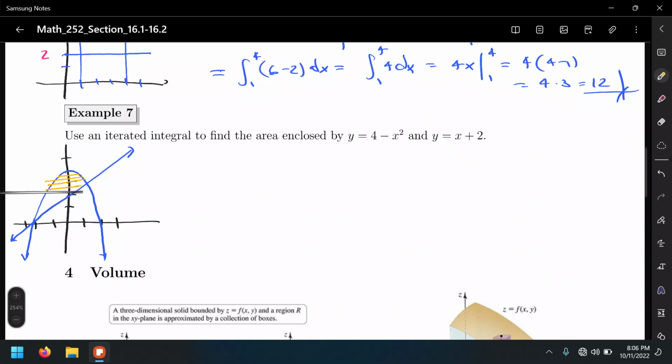Now the rightmost is the diagonal line, and the leftmost is the parabola. So because it's not always the case that one function is the rightmost and the other one is the leftmost, like in this case, we have part of the parabola and part of the line, it's not horizontally simple.